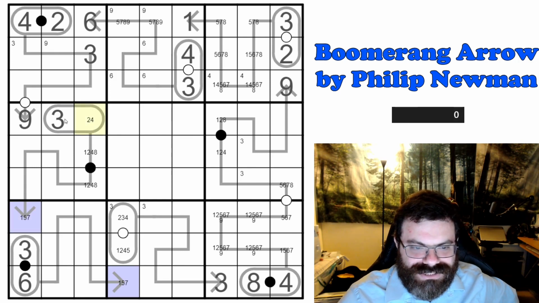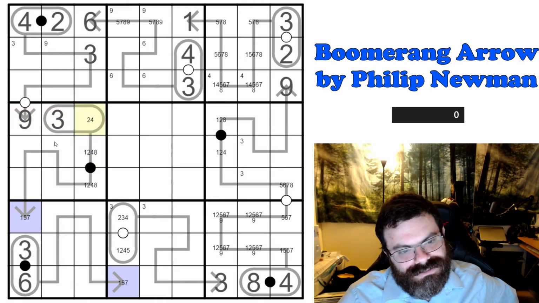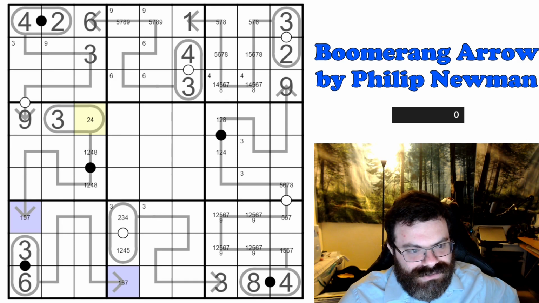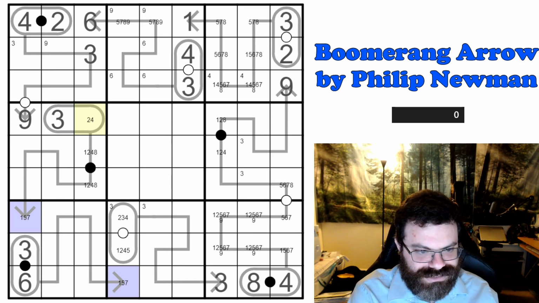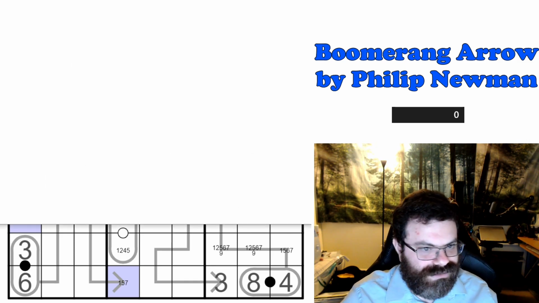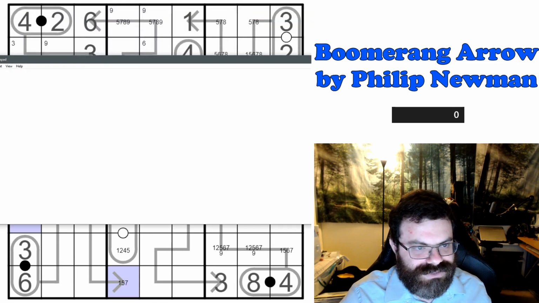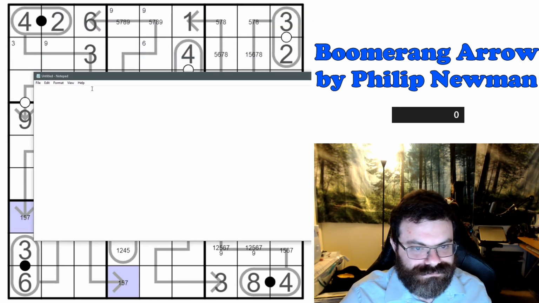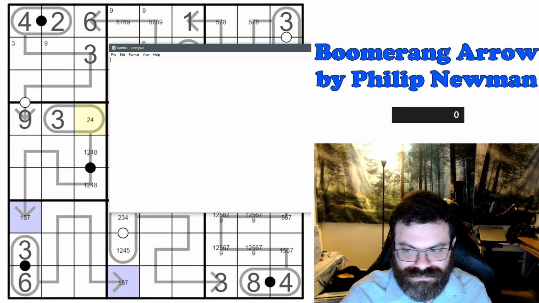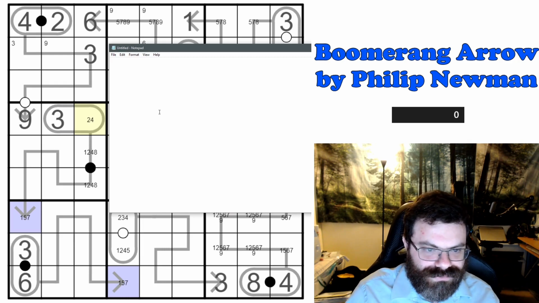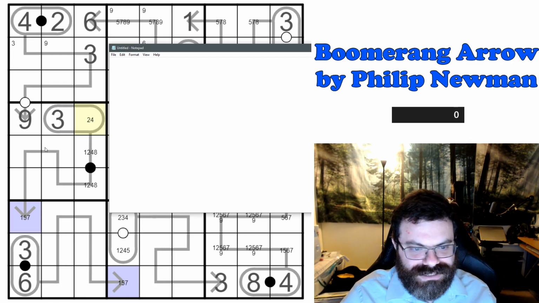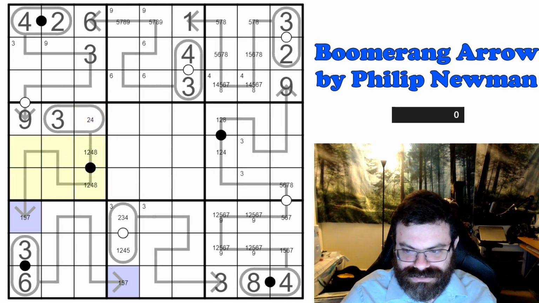I could probably try to express an equation here. It's a bit strange, but let me pull up a notepad, because I really do want to try to understand this. So here's a notepad. Let me just make it a little bit smaller here, and I won't hide the important bits of the puzzle. So we know that these 6 cells add to, let's just mark these a color so I can call that something.